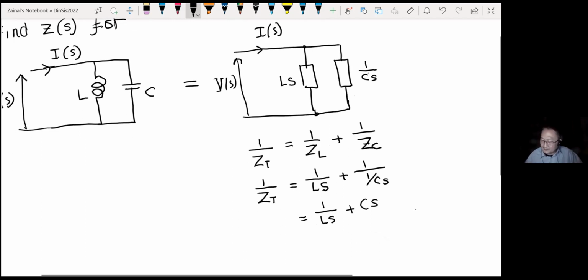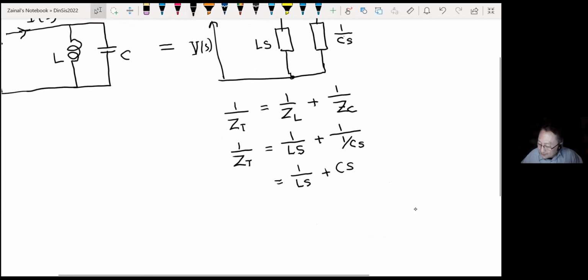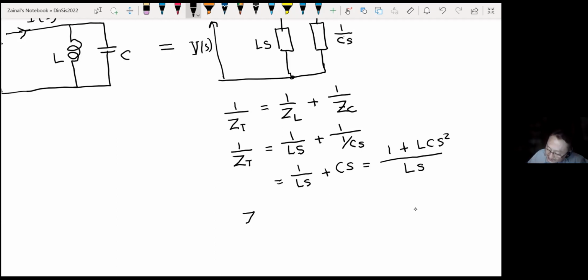If you combine this one, then you have LS in the numerator, while this one is 1 plus LCS squared. Therefore, total G as a function of S is the same as LS divided by LCS squared plus 1.